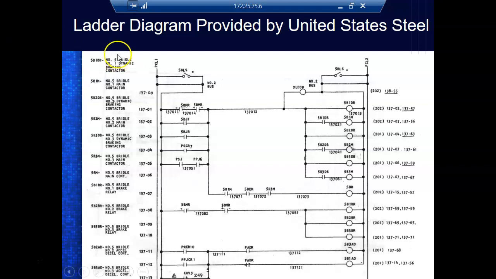So what they're doing on their comments over here is they're telling you what each one of these mnemonics that we're using for the relay coils stand for. Bridle was a group of like 7 motors, and the strip would chain through them, so it would get really, really good torque. And they would call them bridles, and there was quite a few of them on this line.